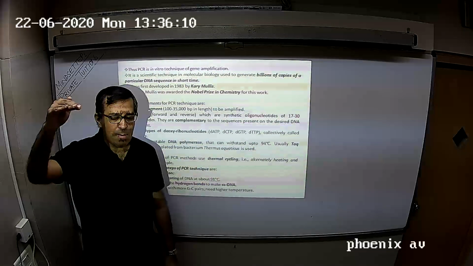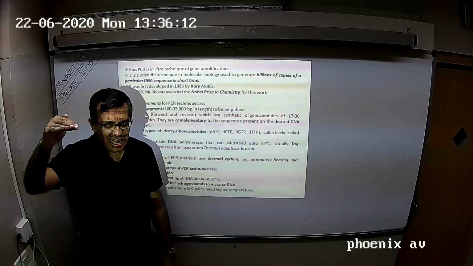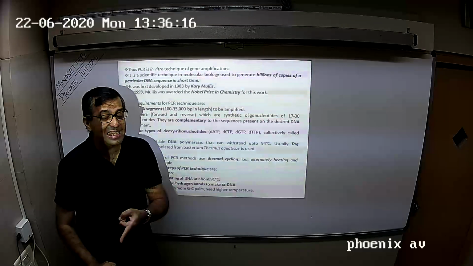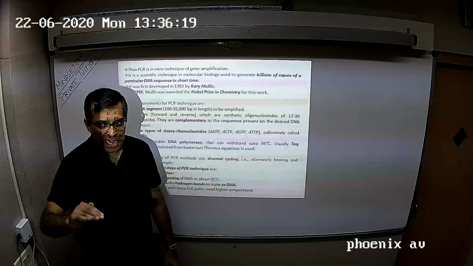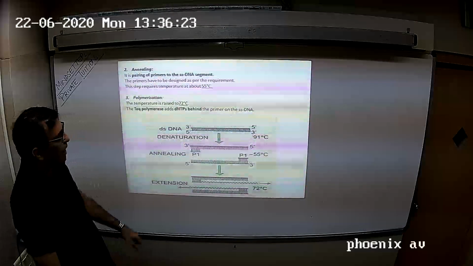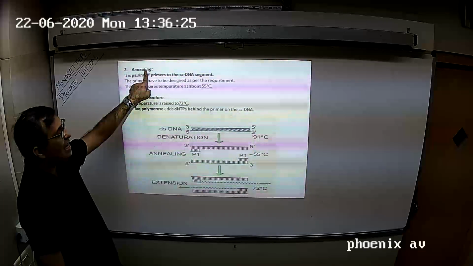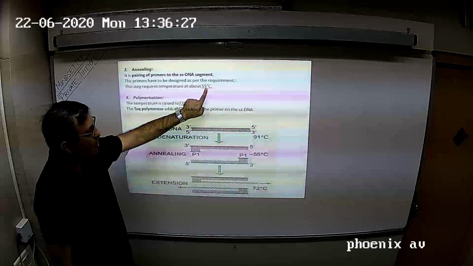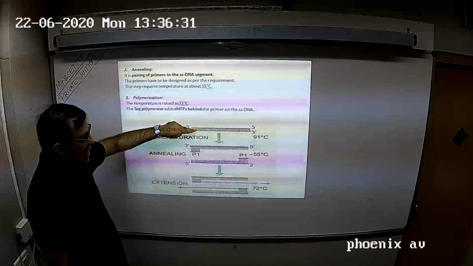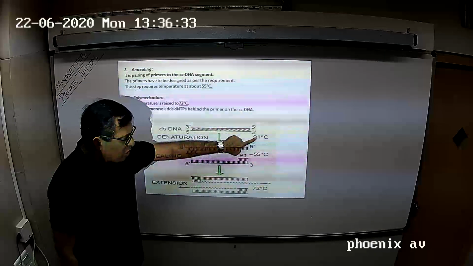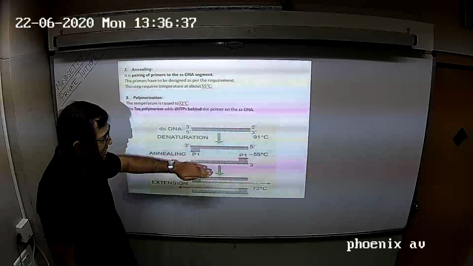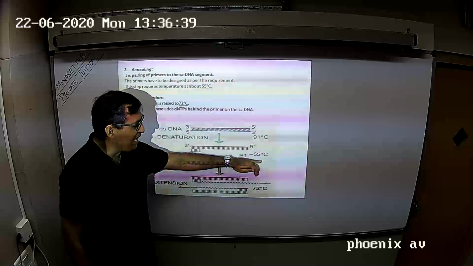Now, from the high temperature of 91 degrees, the temperature is lowered. If you remember, this is thermal cycling. So from high temperature to low temperature, we reduce the temperature, which is called annealing. Annealing is done at about 55 degrees Celsius, while heat denaturation was at 91 degrees.